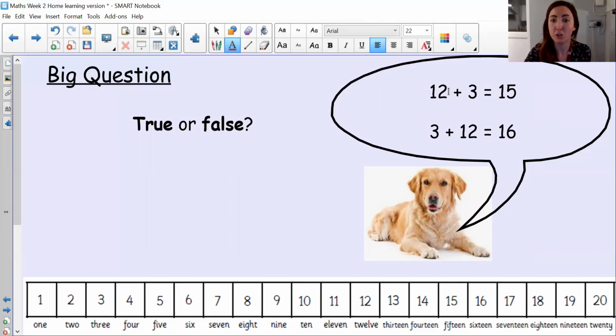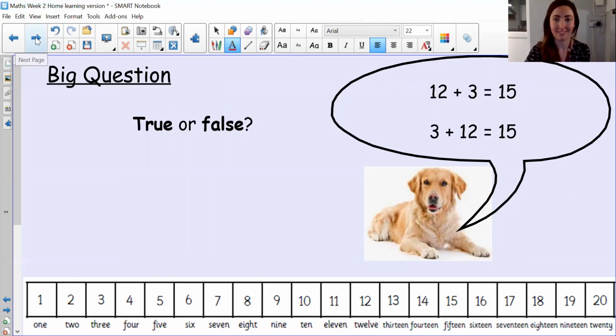So if our 2 parts are 12 and 3, which they are in this number sentence too, they're just swapped over, 3 and 12, then the whole number would still be the same, wouldn't it? So if 12 add 3 equals 15, then 3 add 12 would also equal 15.